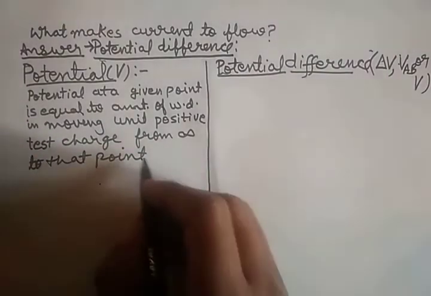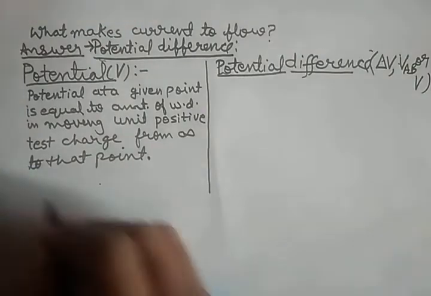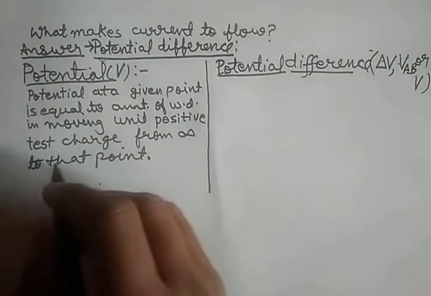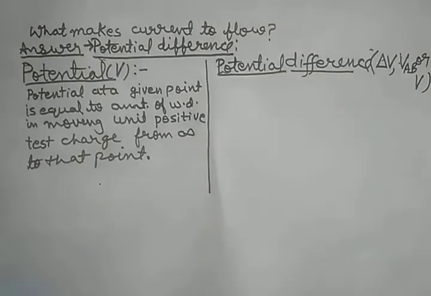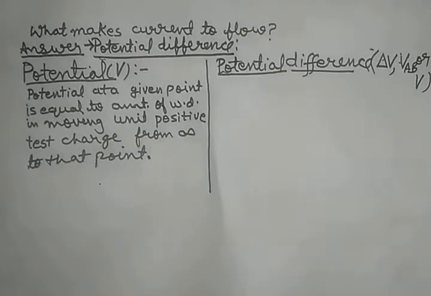Now it is a bit complicated. What does it mean? Actually, this is a very higher-level definition, so in class 11th and higher classes, you will easily understand this. But casually, what I would like to explain is that potential is some kind of stored work. Just keep this in your mind.